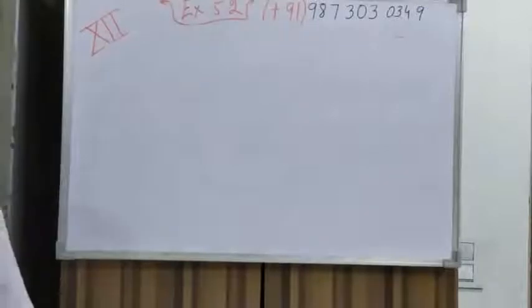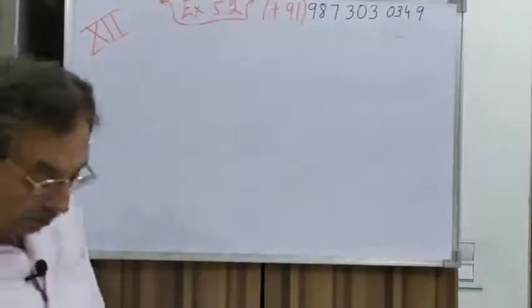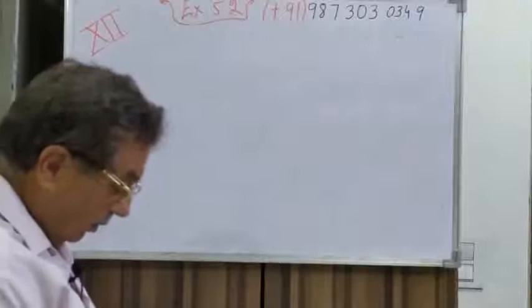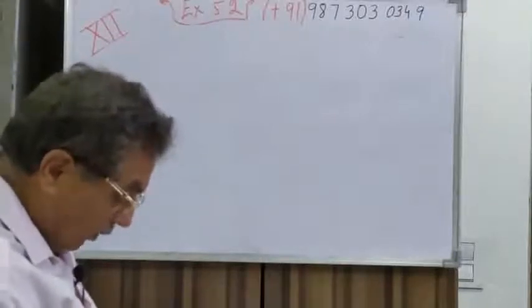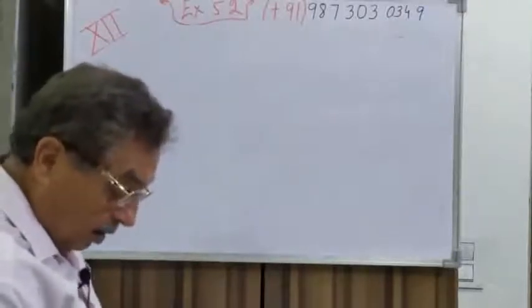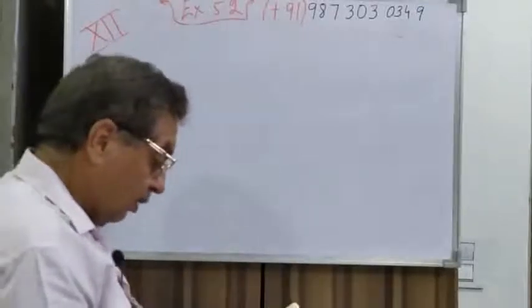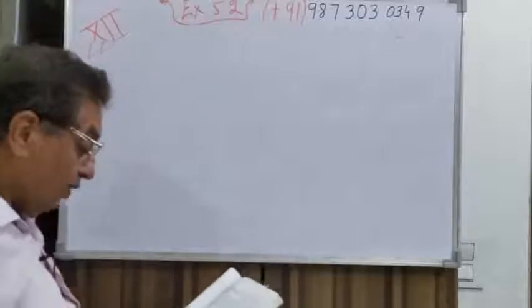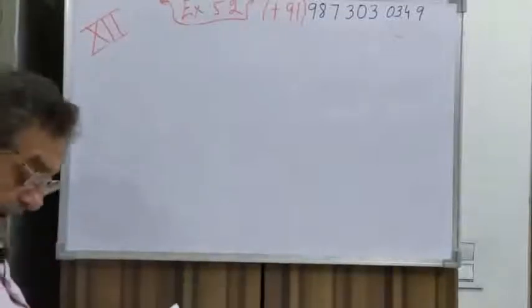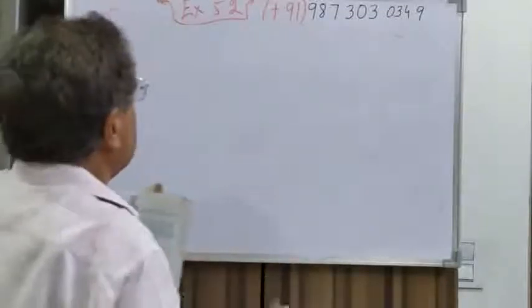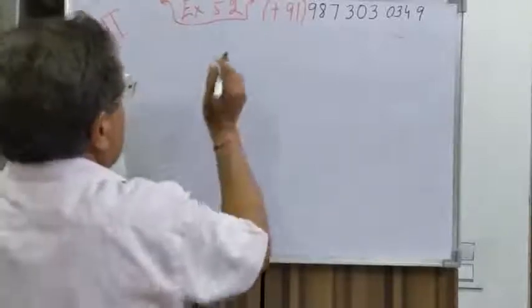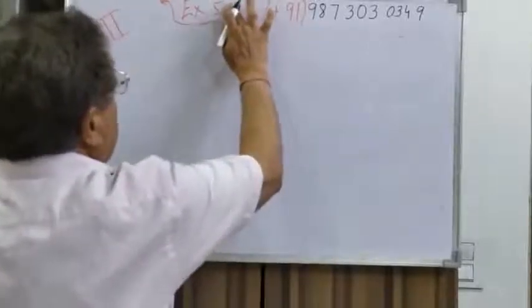After this, let us go ahead to exercise 5.3. What does exercise 5.3 give us? Two types of questions are there. One of them is implicit functions and the other is inverse trigonometric functions. So exercise 5.3.